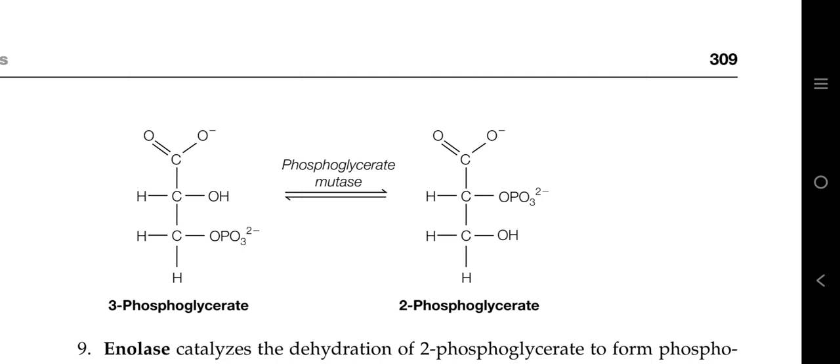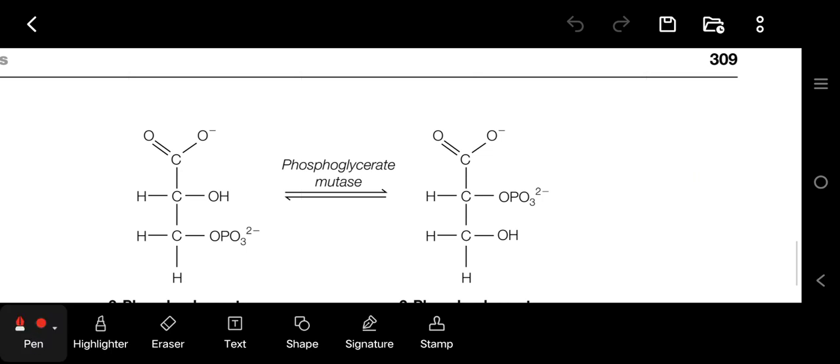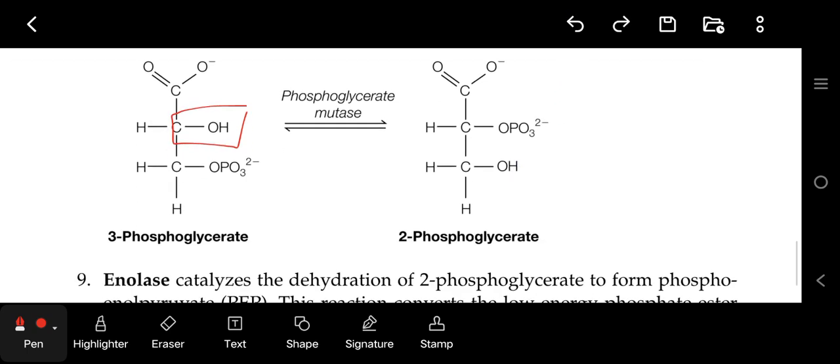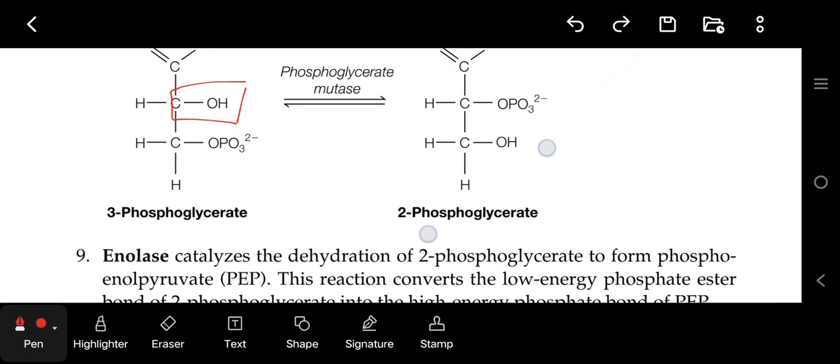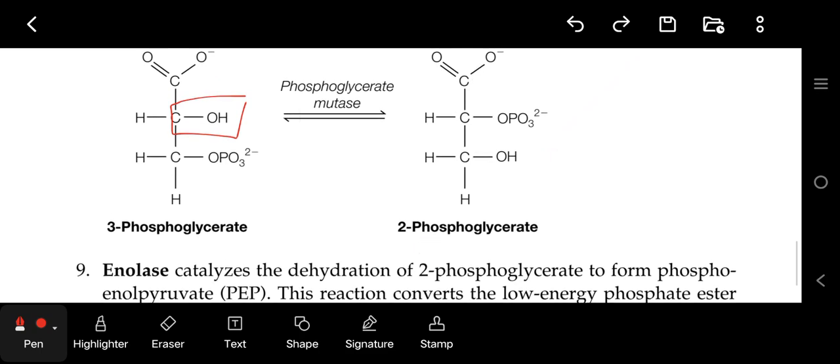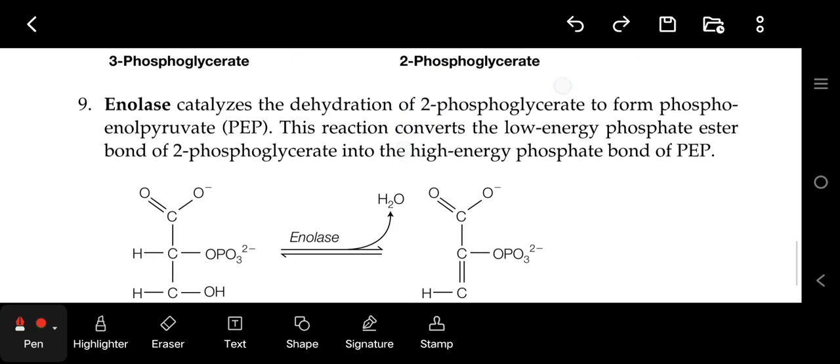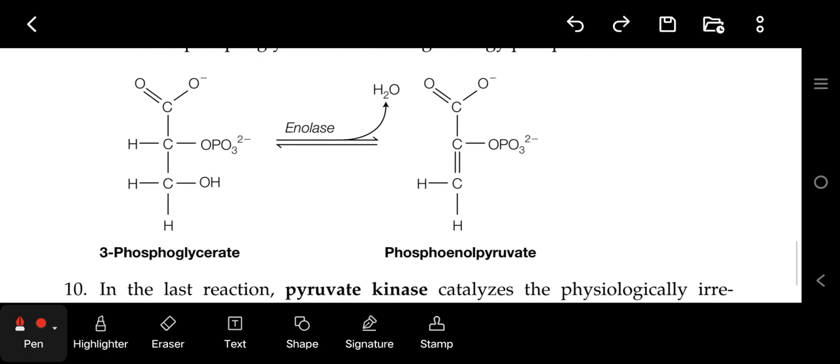In the previous reaction, you can see that this carbon is attached to the hydroxyl group, and in the next reaction, there is a double bond between carbon 2 and carbon 3, and the hydrogen of the hydroxyl is removed, and a phosphate group is added at that site.